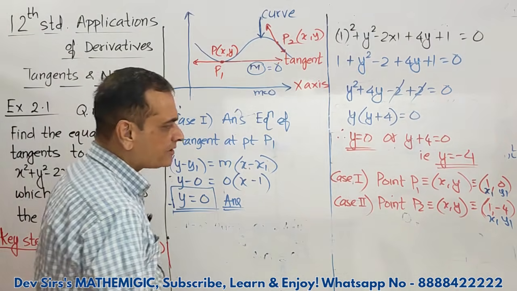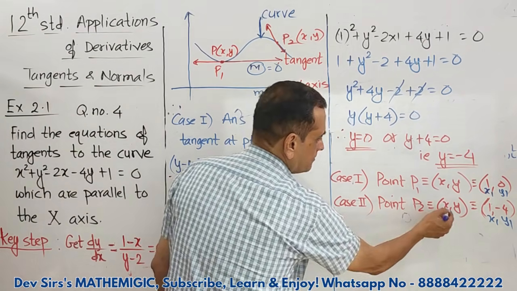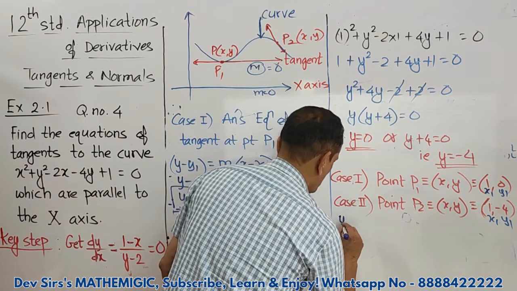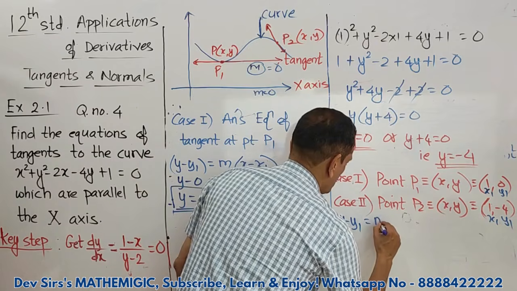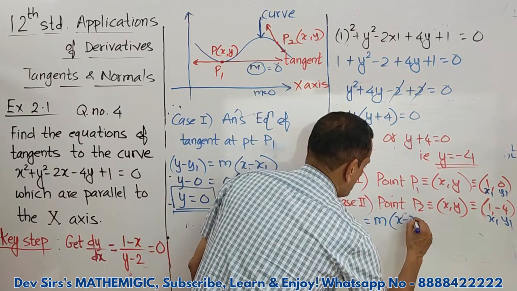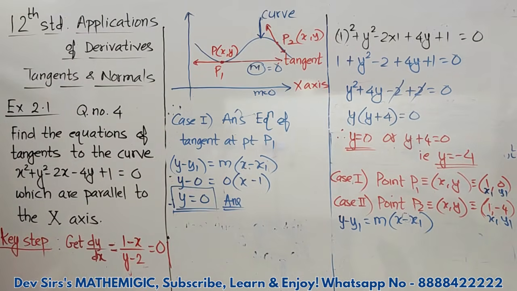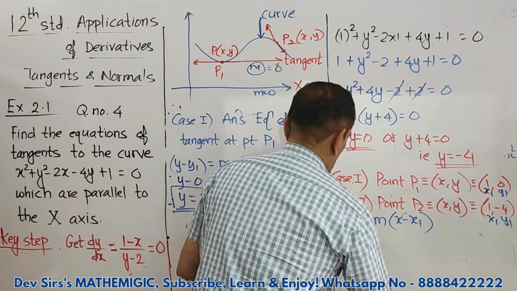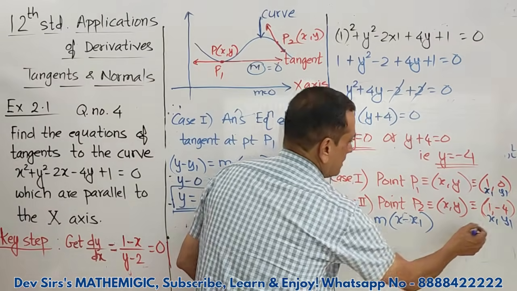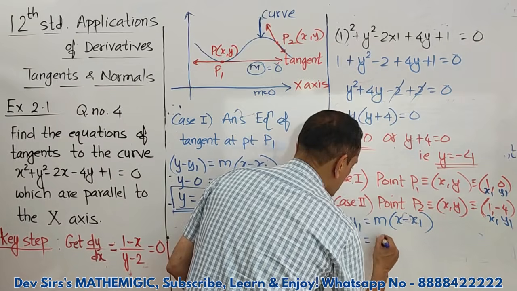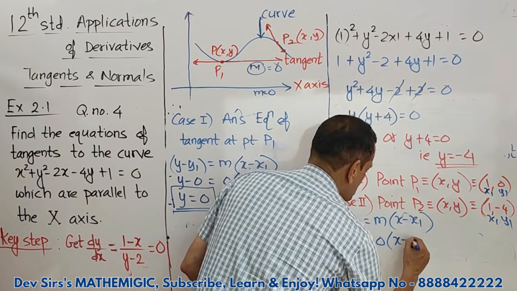केस 2 का आंसर भी सॉल्व करेंगे. केस 2, इक्वेशन ऑफ tangent. Same slope point form. I hope it is visible clearly. Y minus minus 4, that is y plus 4 is equal to 0 into bracket x minus 1 again.